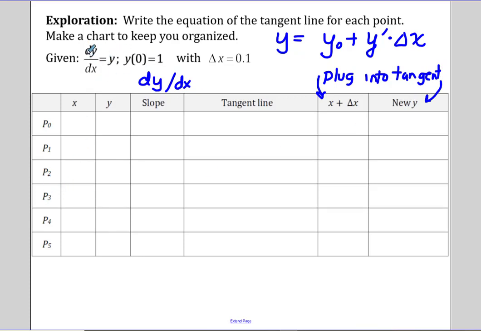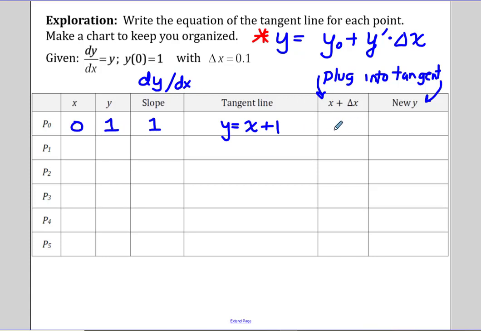So they've given us something to start off with. They've told us that when x is 0, y of 0 is 1. So we know 0, 1 is our ordered pair. And they're telling us that the slope, dy dx, is the y value, so that would be 1. So if we used this equation for the equation of our tangent line, then our equation for our tangent line would be y equals x plus 1, since the slope is 1 and the y value is 1.